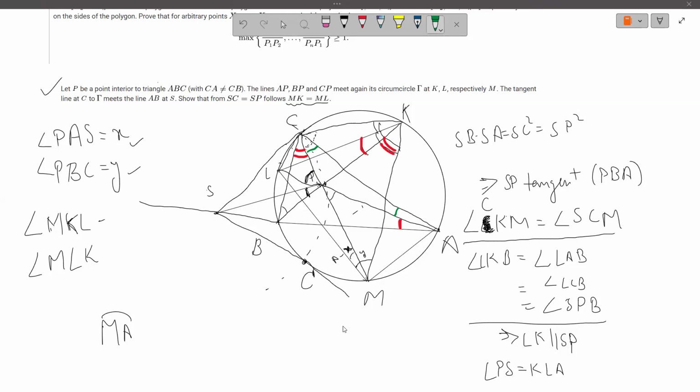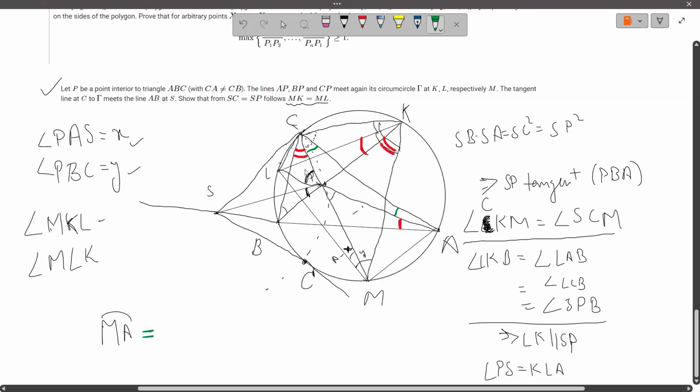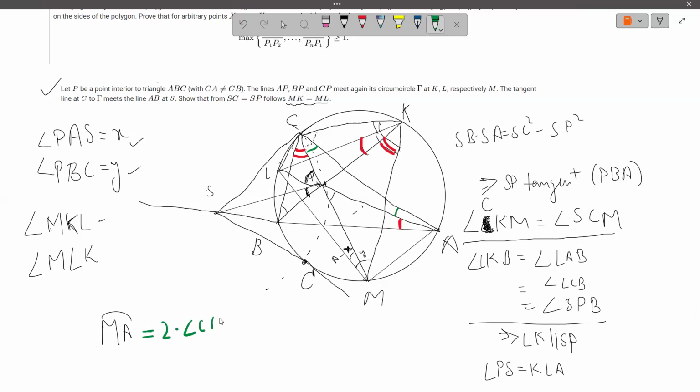Okay, wait. So arc MA is equal to two times angle CPL minus two times angle CAL, and two times angle CAL is equal to arc LC.